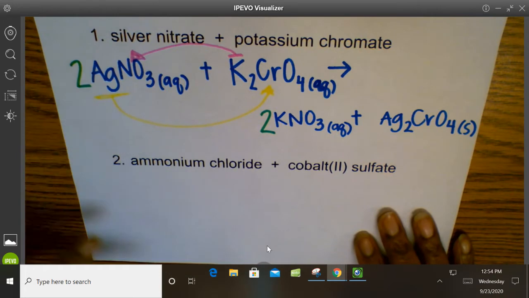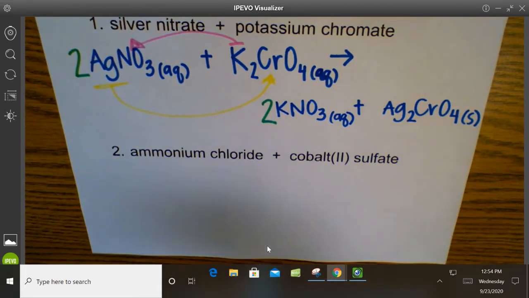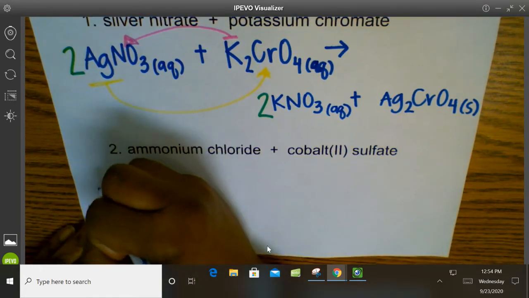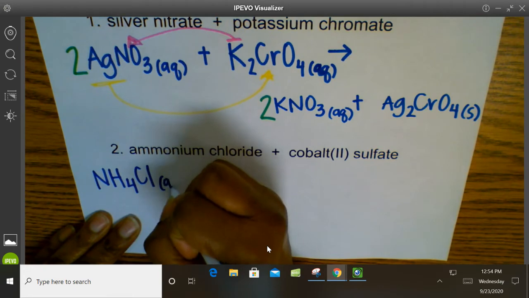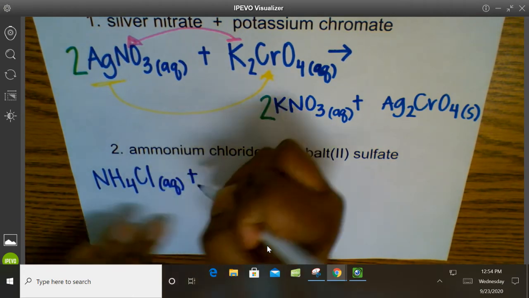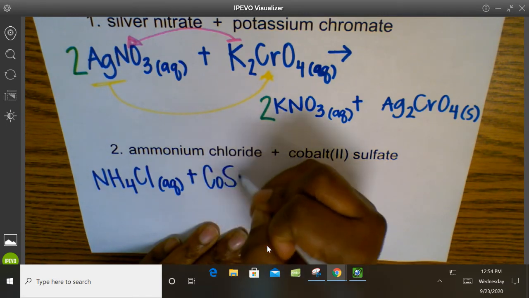My next example, ammonium chloride. Ammonium chloride is NH4Cl. And cobalt 2 sulfate is CoSO4.